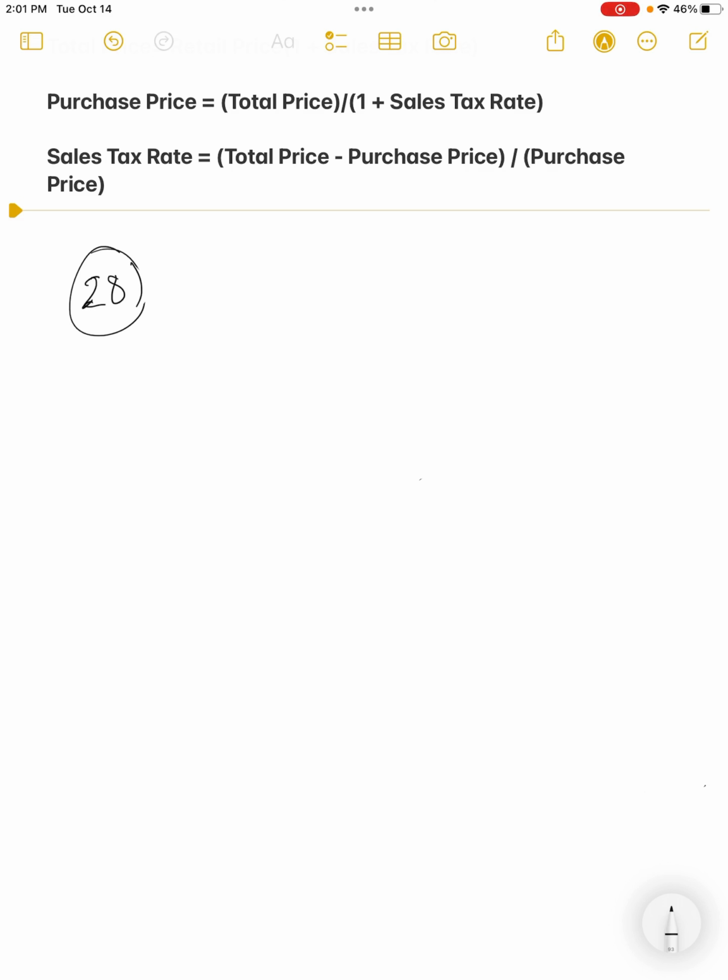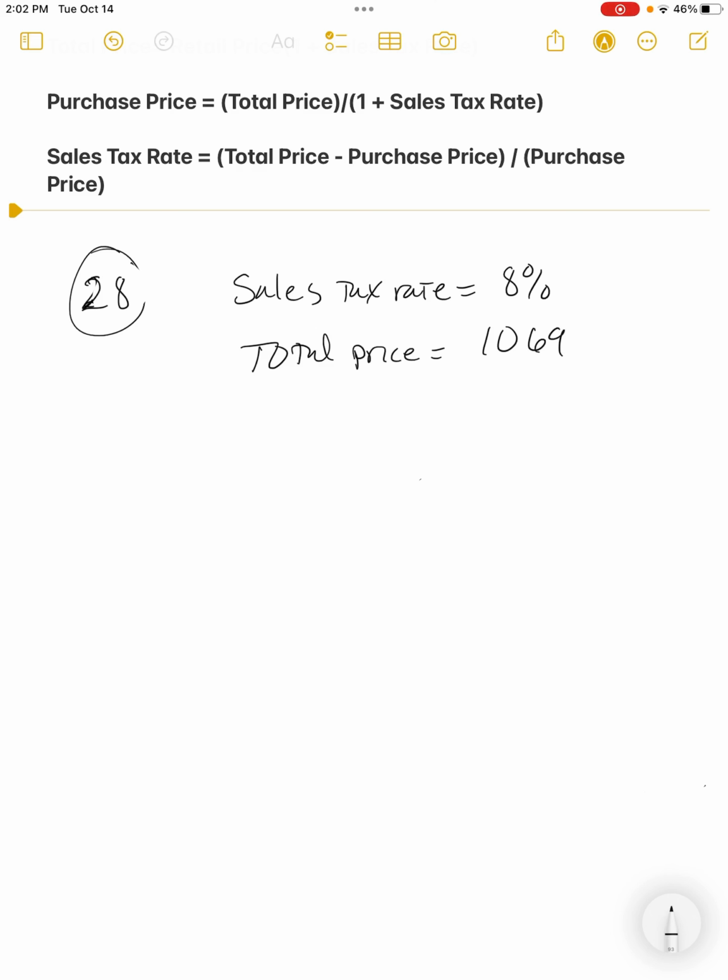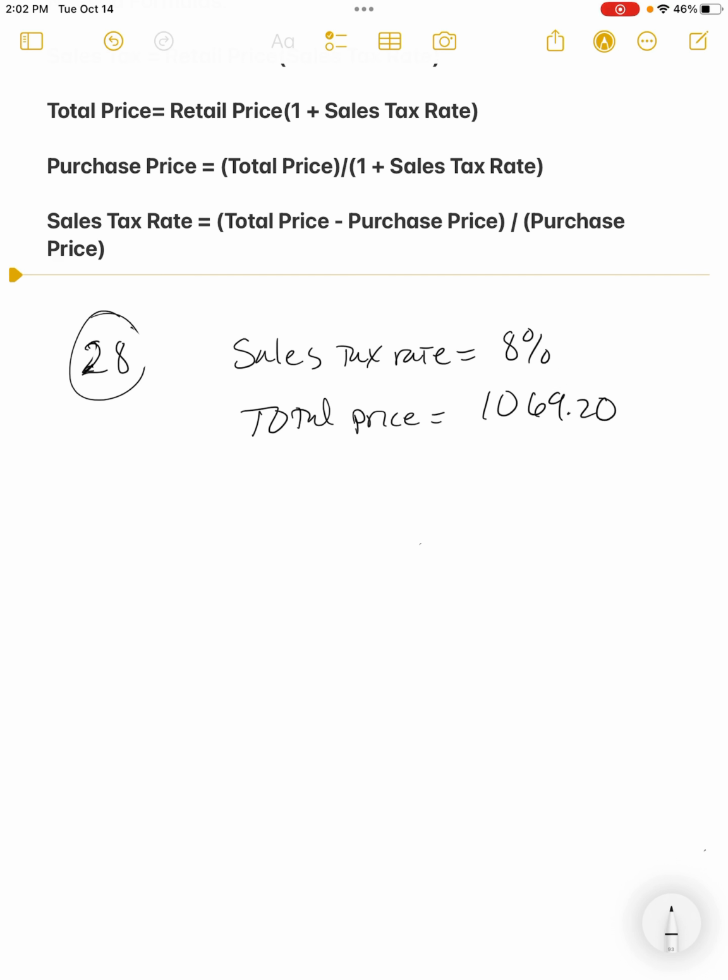In 28, they tell us that the sales tax rate is 8%. That's more like us. The total price, so what we paid after tax, was $1,069.20. And what do they want to know? They want us to find the purchase price.